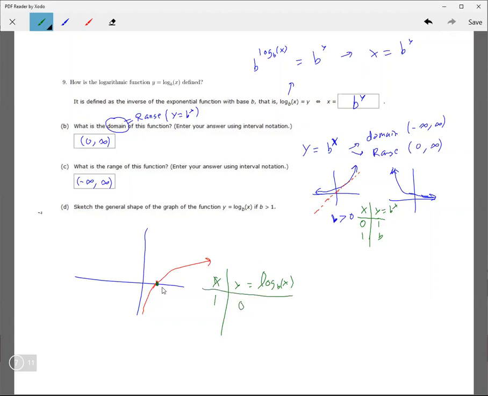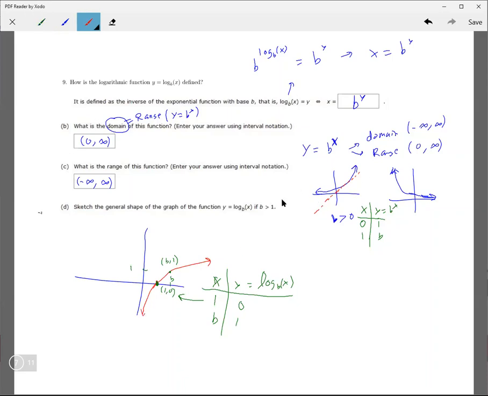And that's the point right there. So that's 1, 0. And then b is going to give you 1. So b is over here, and here is 1. So it's just like reversing the order of that second point gives you b, 1, reversing the order of that one gives you 1, b. And the rest fills in.